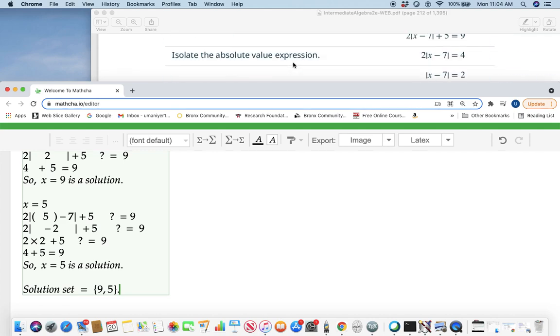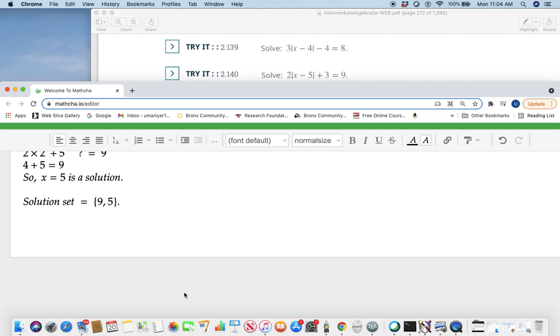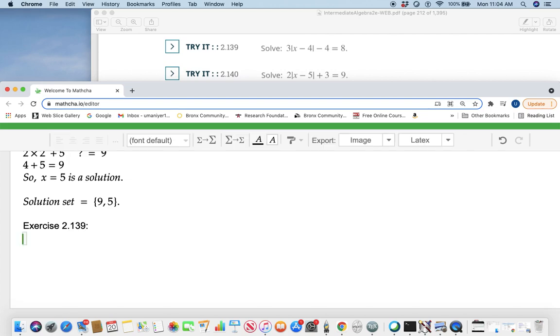All right. Let's try similar problems. Two problems we have here. One is exercise 2.139. You're asked to solve 3 times absolute value x minus 4 is 8. Okay, so 3 multiplies the absolute value expression. Minus 4 is outside, so let's add 4 to both sides.